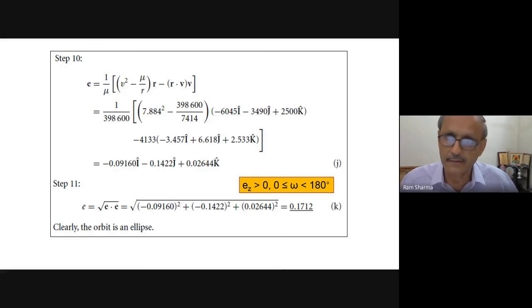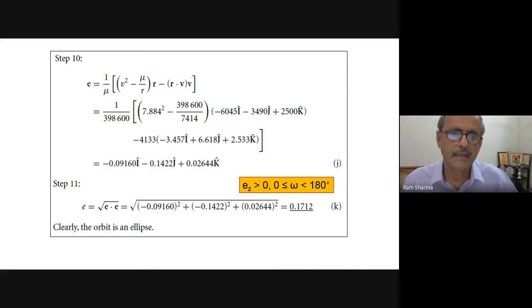We got the E vector. Since Ez is greater than 0, small omega will lie in the first or second quadrant. You can see Ex is negative, Ey is negative, Ez is positive.